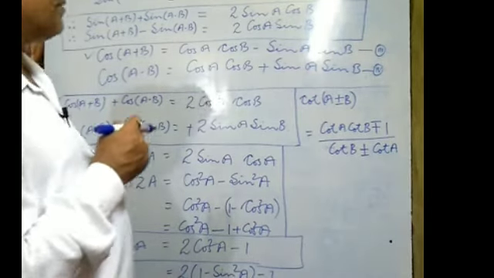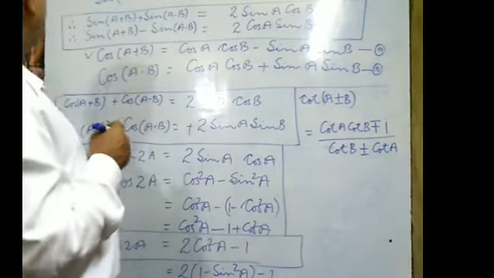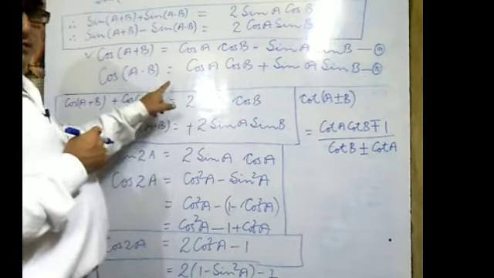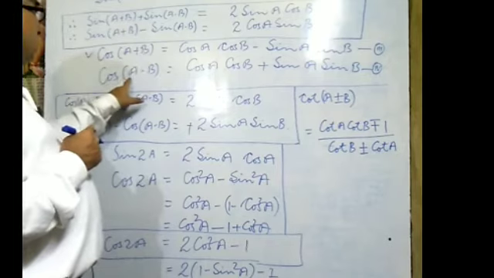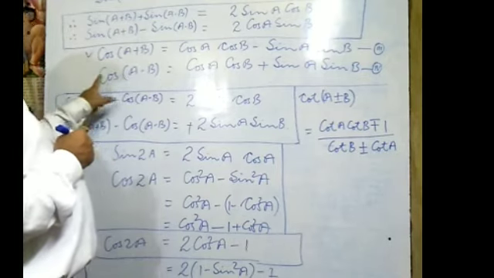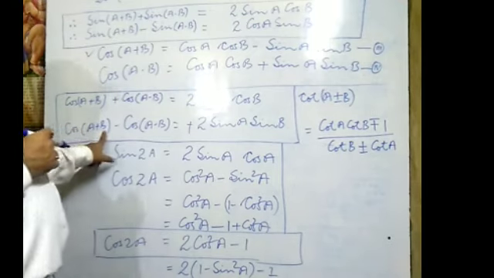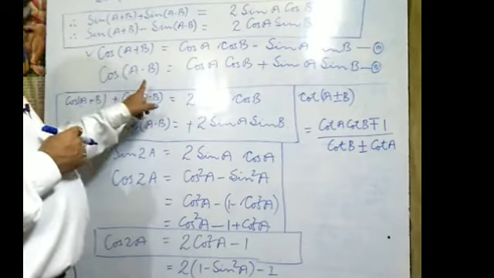If the 4th is subtracted from equation number 3, what do we obtain? It is cos(A+B) minus cos(A-B). Follow here: cos(A+B), and this one is subtracted, so it will be minus cos(A-B).